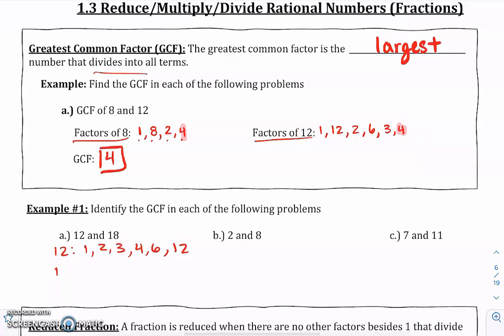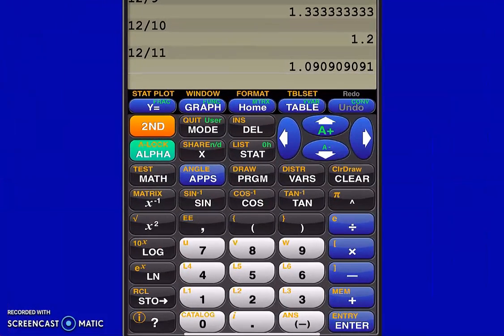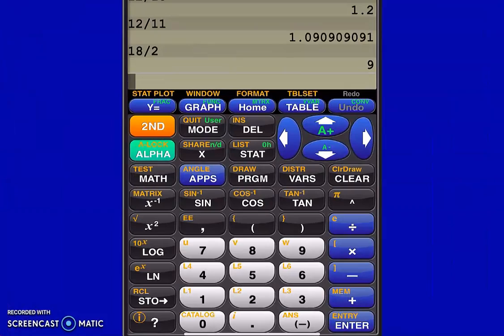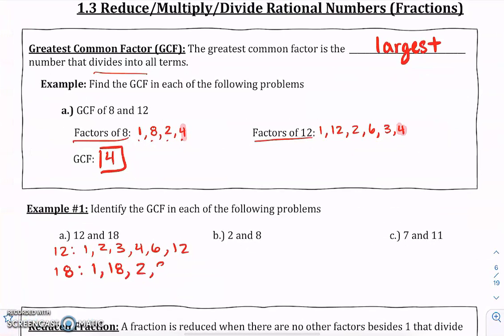So factors then of 18, we know 1 and 18. Okay, how about 2? 18 divided by 2 is 9. So those are your factors, 2 and 9. You can check 3. It is divisible by 3, so that would be 3 and 6.